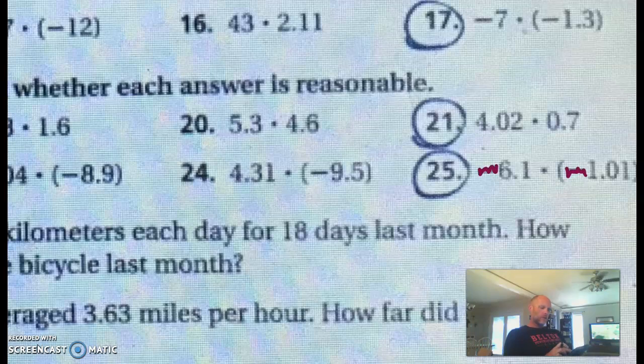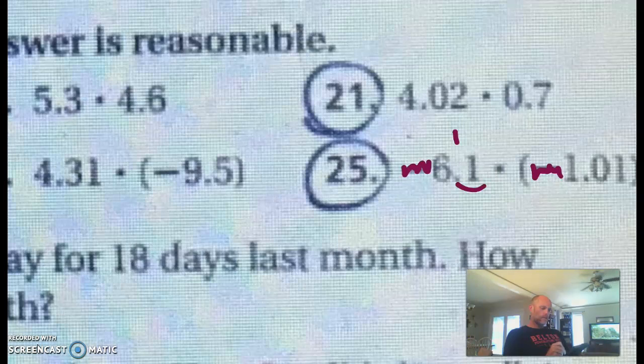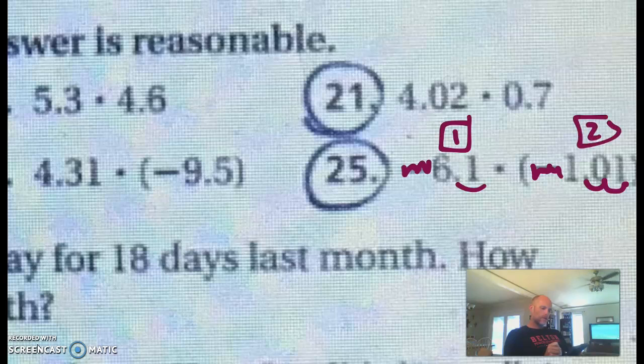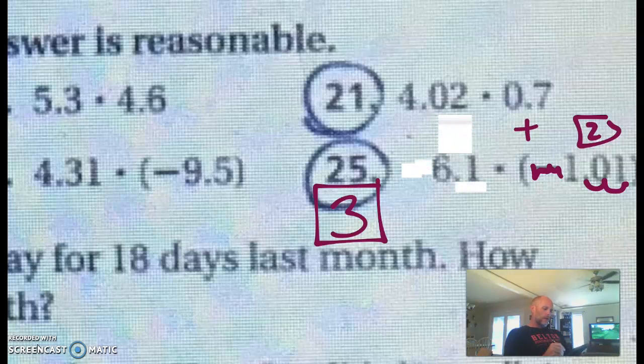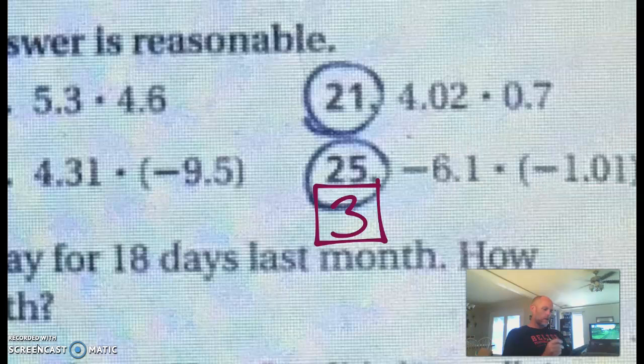Now my 2 numbers, I have 1 decimal there, once, twice, 2 decimals there, and if I add those up, I am going to feed the dog 3 times. Okay, so let's not forget that. I'm going to leave that over there. Don't forget. And now I just have 61. Because the negatives are gone, right? We know our answer is positive. The decimals are gone because I wrote my sticky note over there.